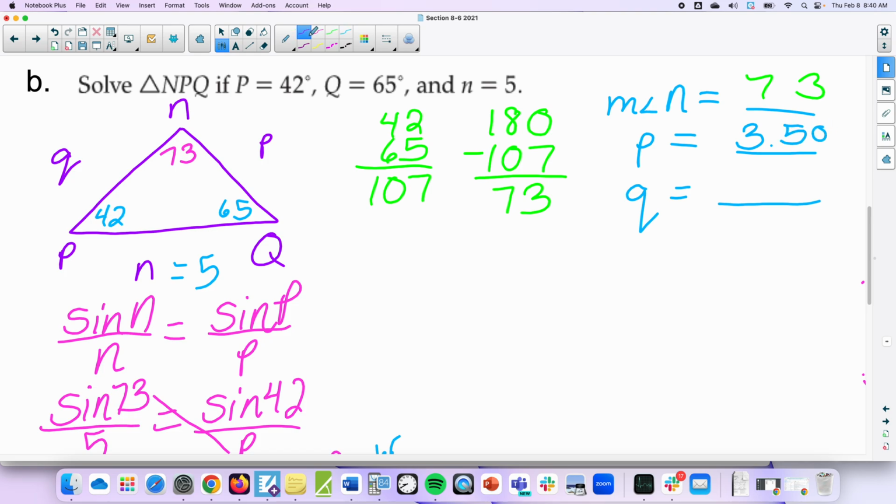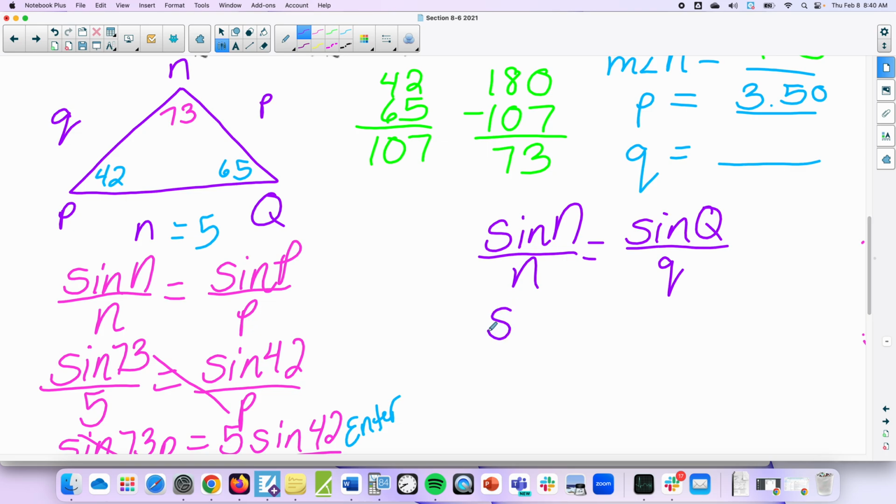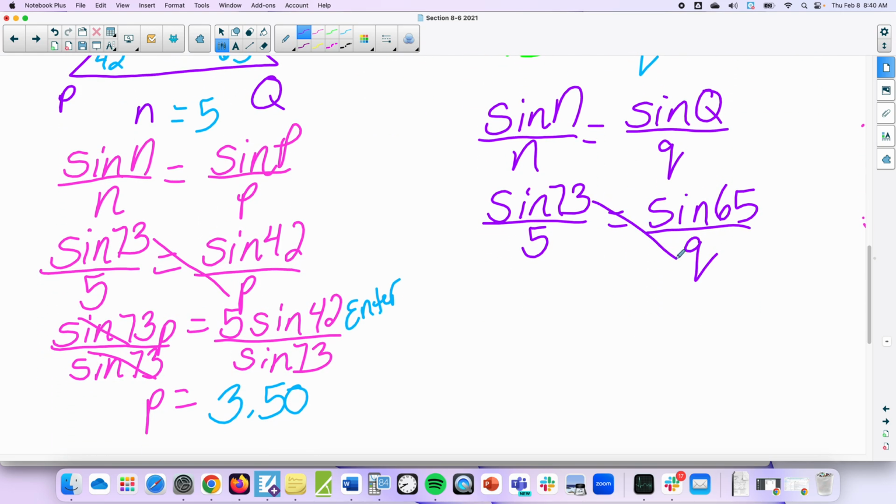And then I would be able to use, again, sine of N over little n equals sine of Q over little q, so that I can find little q. So this again would be sine 73 over 5 equals sine of 65 over q. And then we'd use cross products. So I have sine 73q equals 5 sine 65.